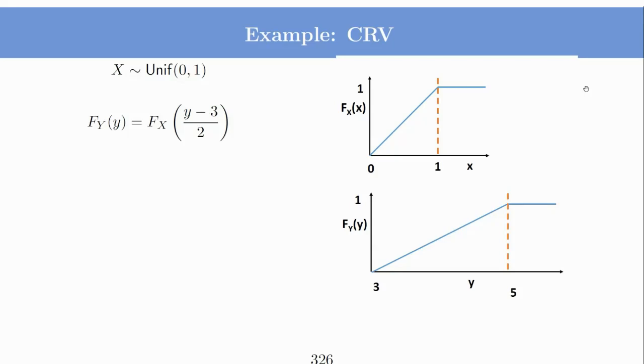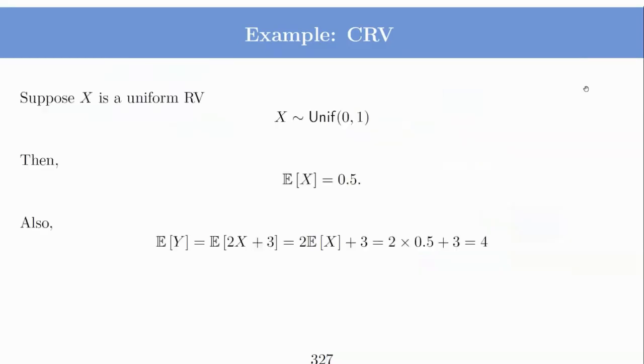If you look at (y minus 3)/2, it means you have to shift by 3 and then scale by 2. So the CDF of Y will look like the CDF of X, but it will start at 3 and become 1 at 5. In between, it will increase as (y minus 3)/2. The slope would be smaller because it has been scaled by 2.